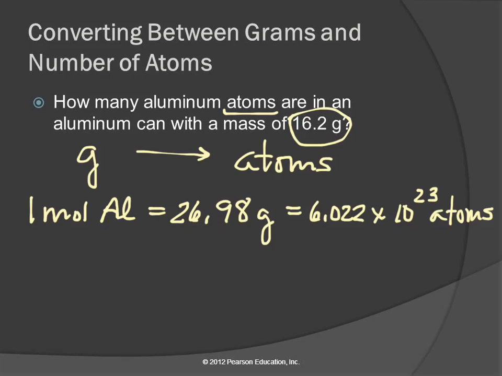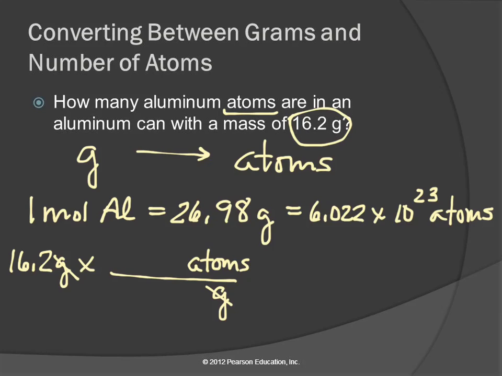So grams, 16.2 grams. And then just following our path for dimensional analysis, grams to atoms, we're going to put atoms on top. And we're going to put grams on the bottom. The units, just to put them in the right place so they cancel out.